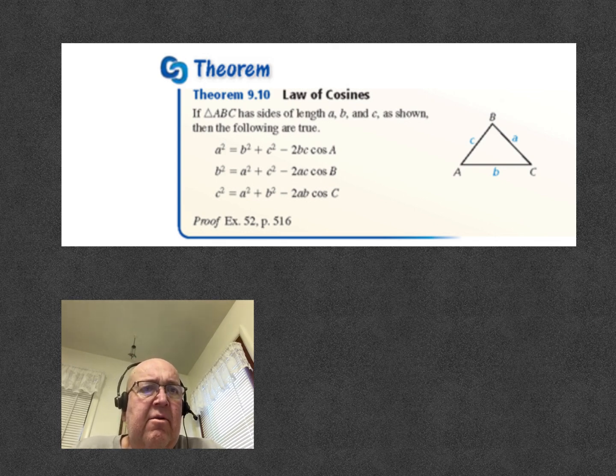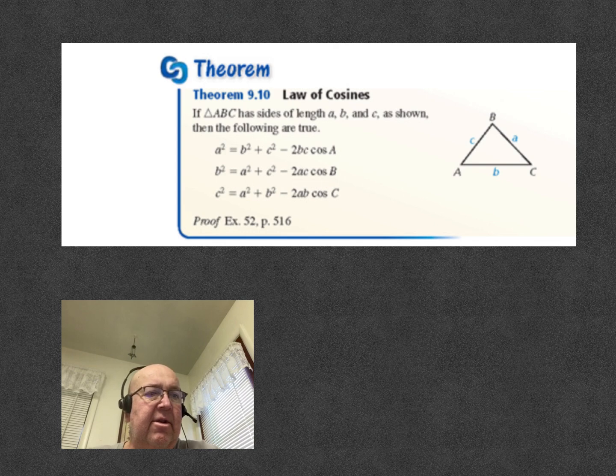So what we can say is that the square of a side length is going to be equal to the sum of the other two side lengths squared minus 2 times each side length times the cosine of the angle opposite the side we're looking for.